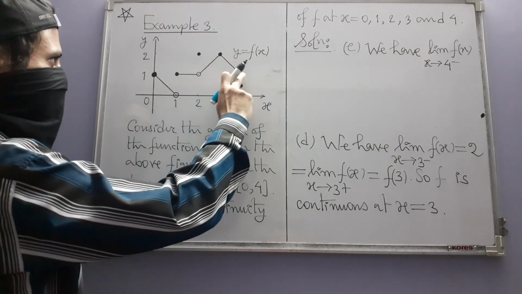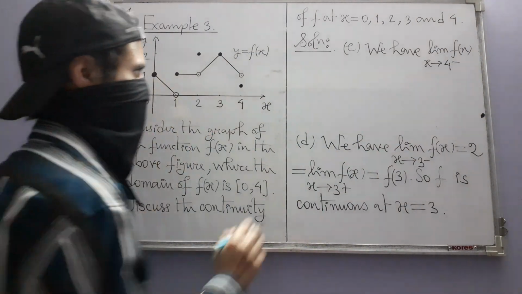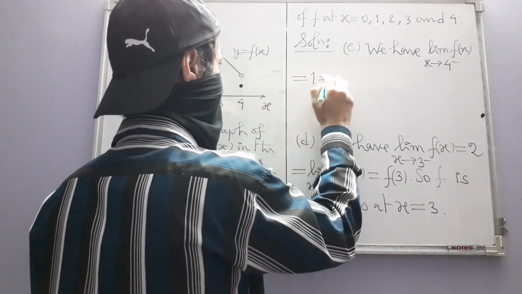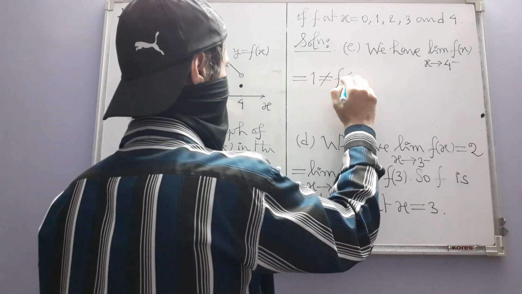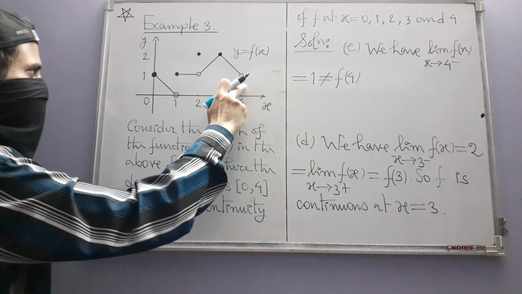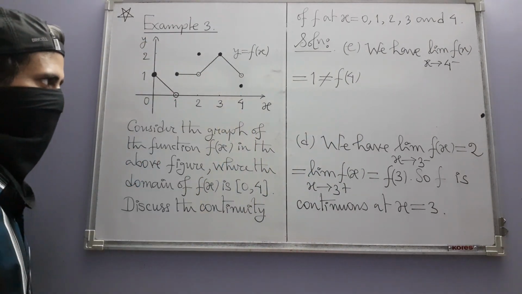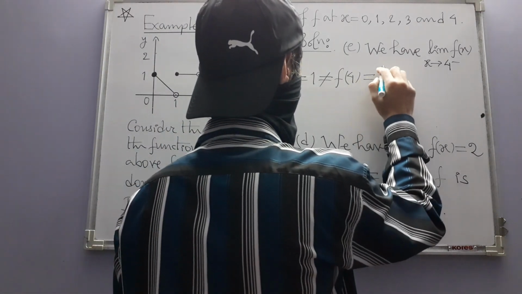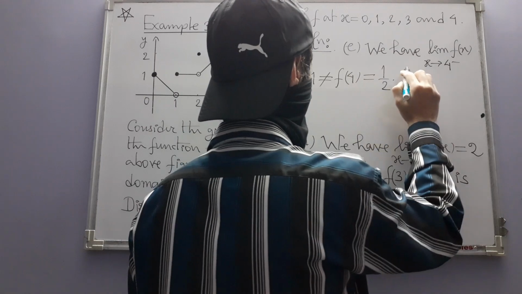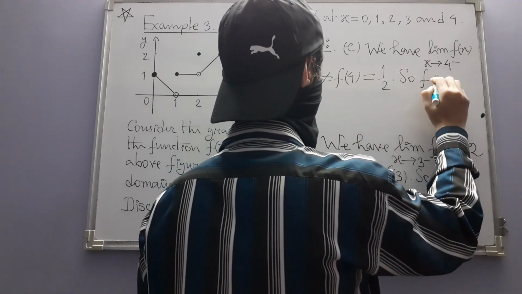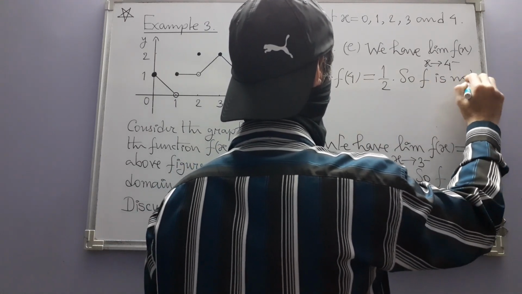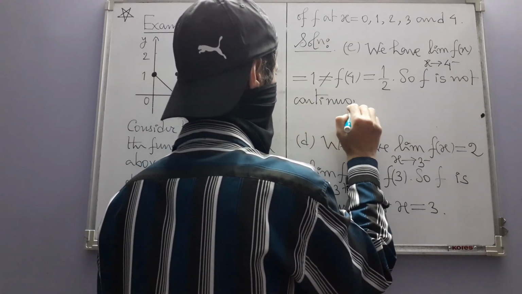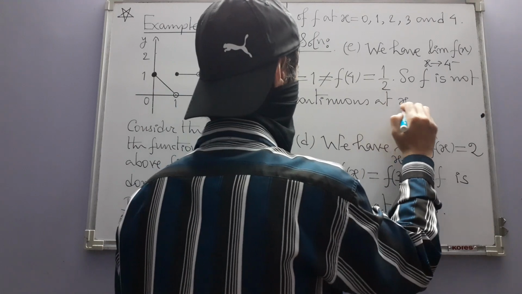The left hand limit at 4 is 1, but that is not equal to the value of the function at 4, which actually is 0.5, 1 over 2. So f is not continuous at 4.